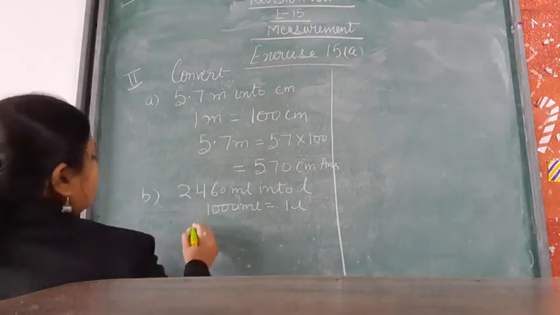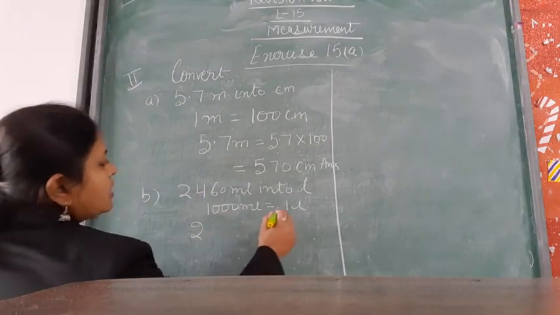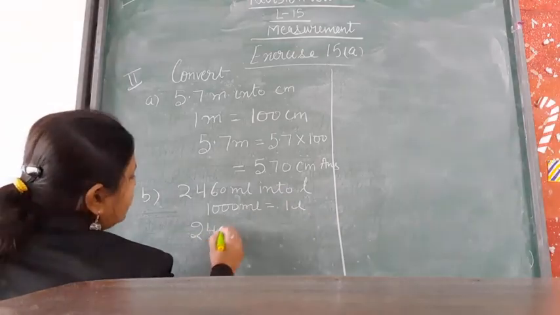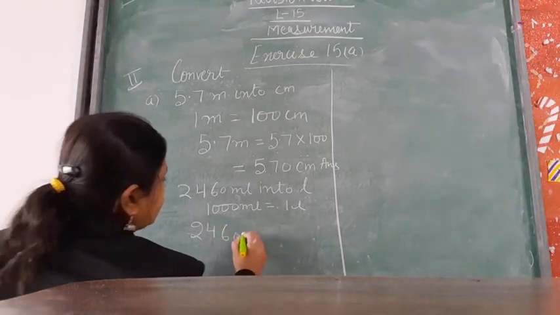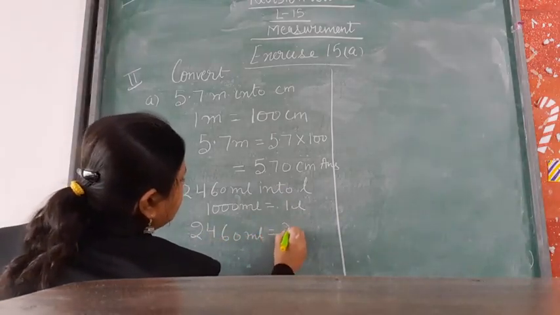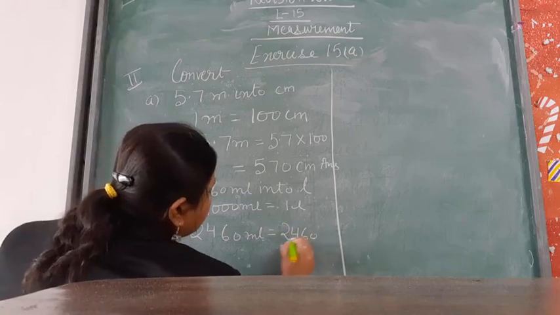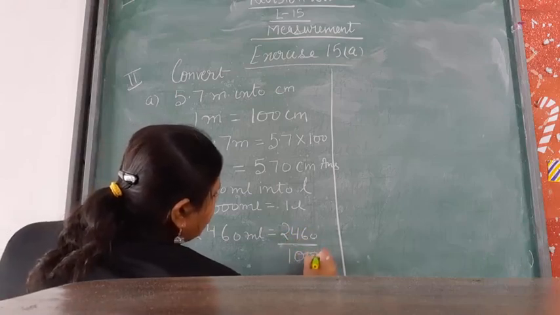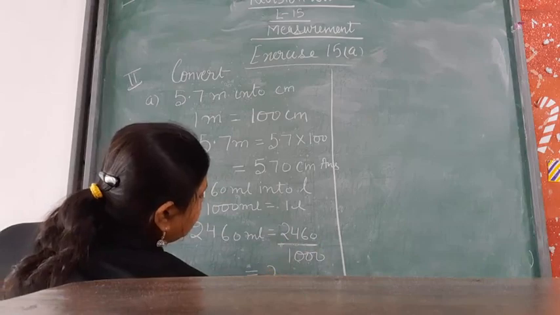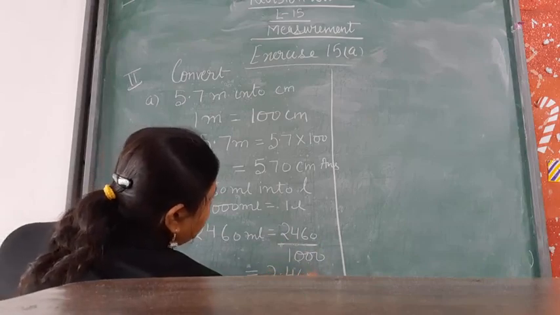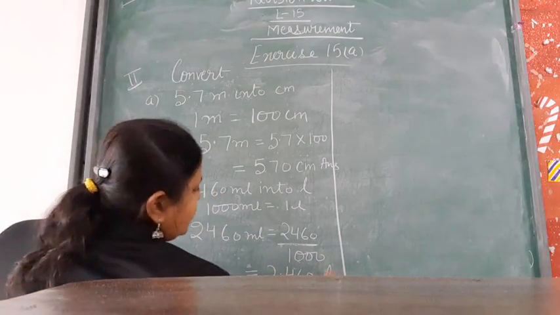Okay, so if 1000 milliliter is equal to 1 liter, then 2460 milliliter is equal to 2460 divided by 1000, which is equal to 2.460 liter, right?